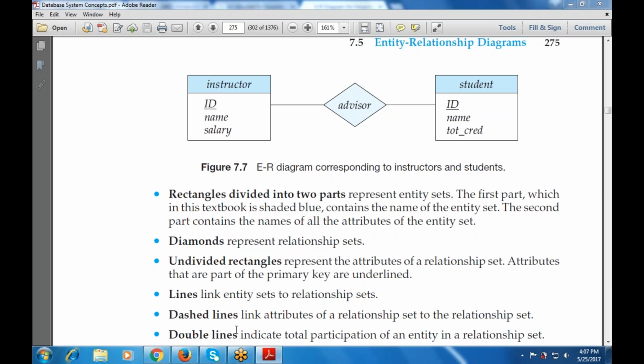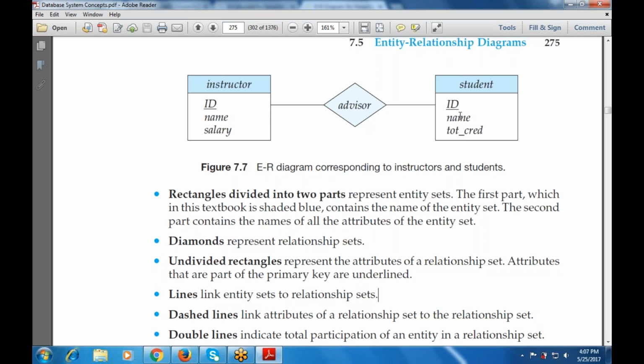Attributes that are part of the primary key are underlined. For example, ID is the primary key for the instructor, and ID is the primary key for the student. Then lines link entity sets to relationship sets.